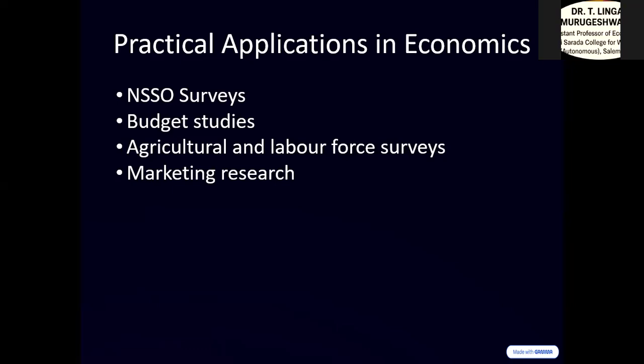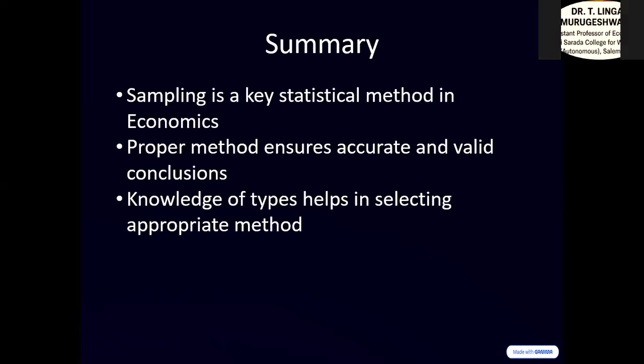Agricultural surveys rely on village sampling to assess productivity and practices. Companies conduct market research using sampling to understand consumer preferences. Understanding these applications shows how central sampling is to economics, policy making, and social sciences.